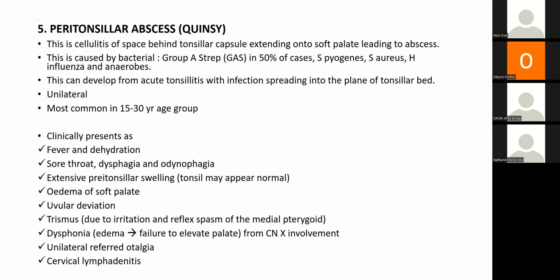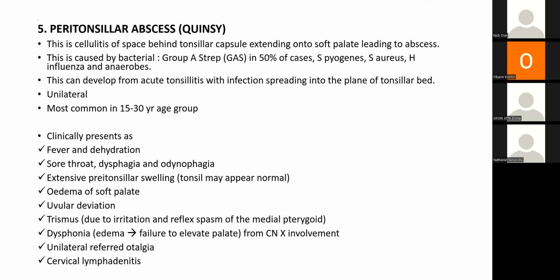This is a purely academic kind of diagnosis, because it is sometimes very difficult to differentiate acute tonsillitis from recurrent tonsillitis, chronic tonsillitis, and even peritonsillar abscess. But one thing to note is that you can use age as one of the determinants.